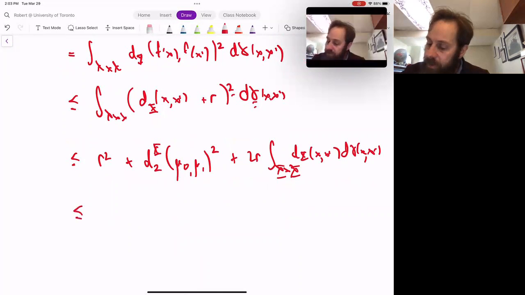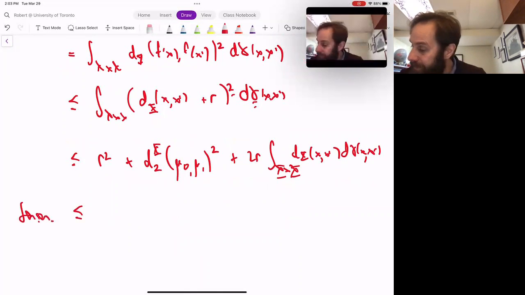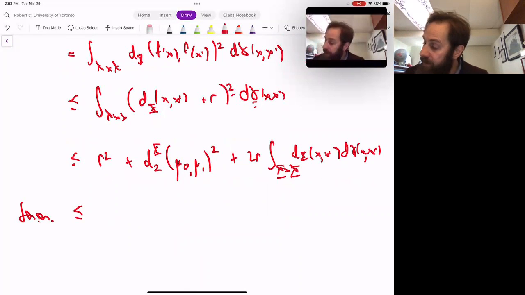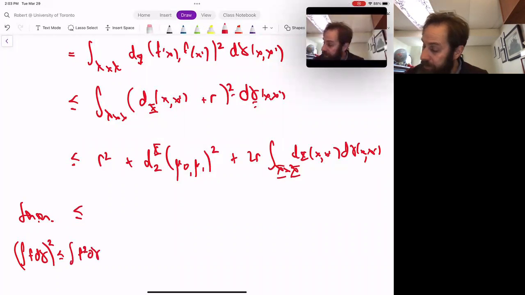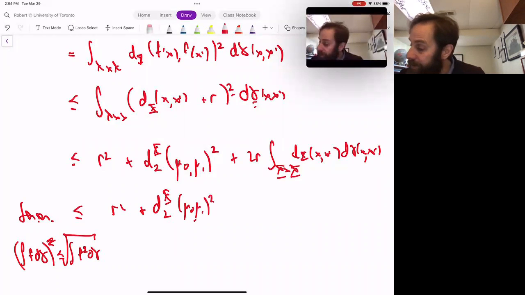And then by Jensen's inequality, the integral of f d gamma squared is less than the integral of f squared d gamma, because gamma is a probability measure. And so taking the square root on both sides, I get R squared plus d2X(mu naught, mu 1) squared plus 2R d2X(mu naught, mu 1).